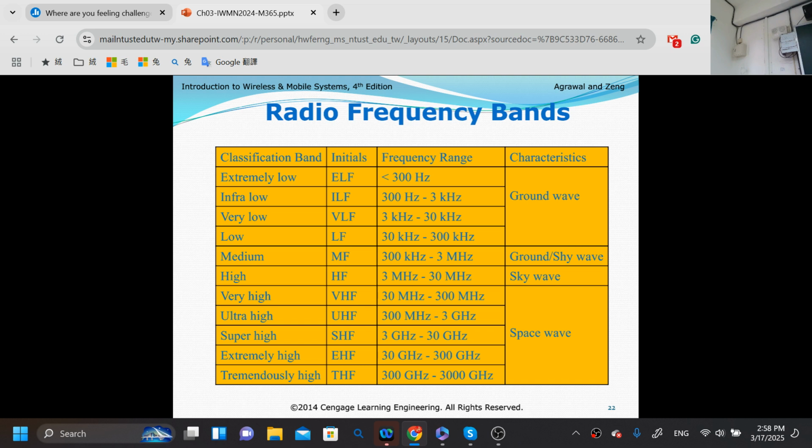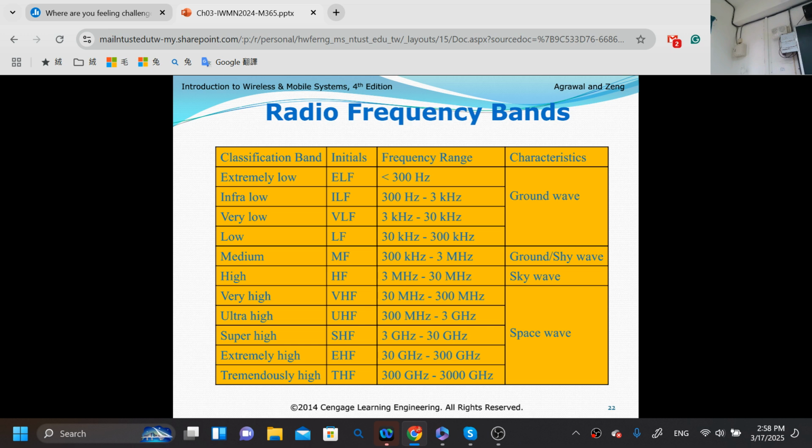Based on this way, we can form the frequency band from extremely low, ultra low, very low, low, and then medium, high, very high, ultra high, super high, extremely high, tremendously high. And so we can have the corresponding ratio to represent the frequency band.